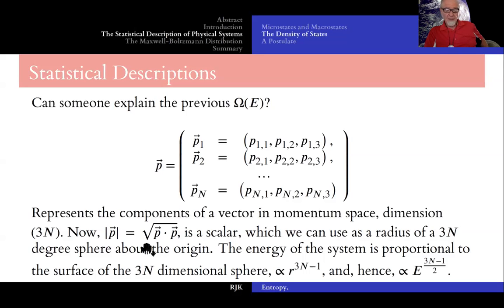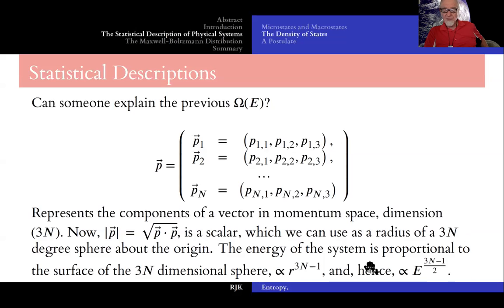The rules are exactly the same. You just dot them and get the square root, and that gives you a scalar, the radius of a 3n dimensional sphere.